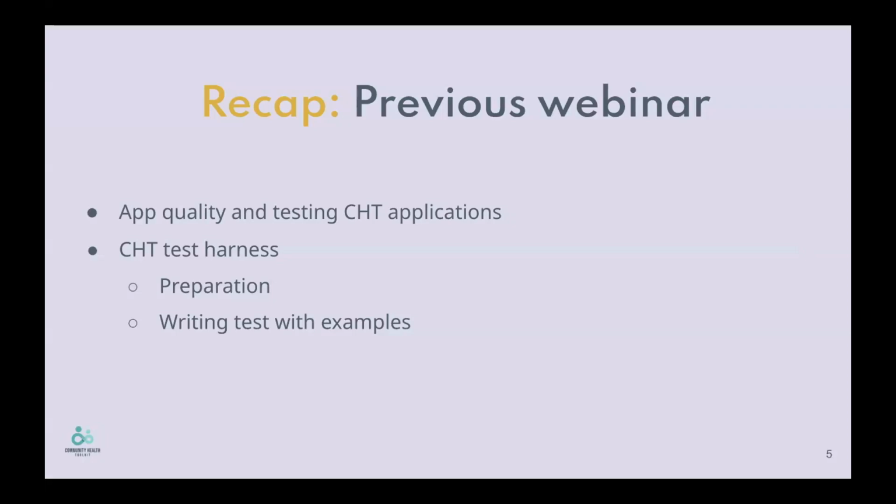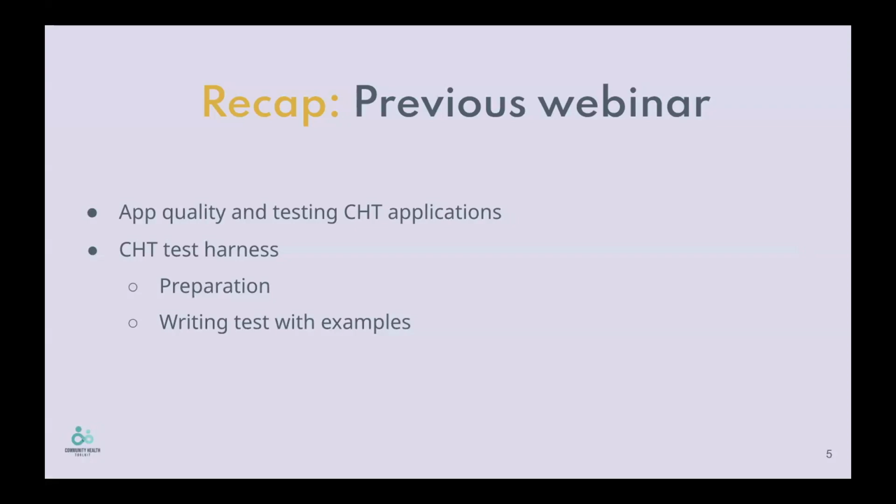So app quality is one of the foremost goals that we must have primarily as the development teams in our various organizations. And the CHT test harness is built specifically to test CHT applications.